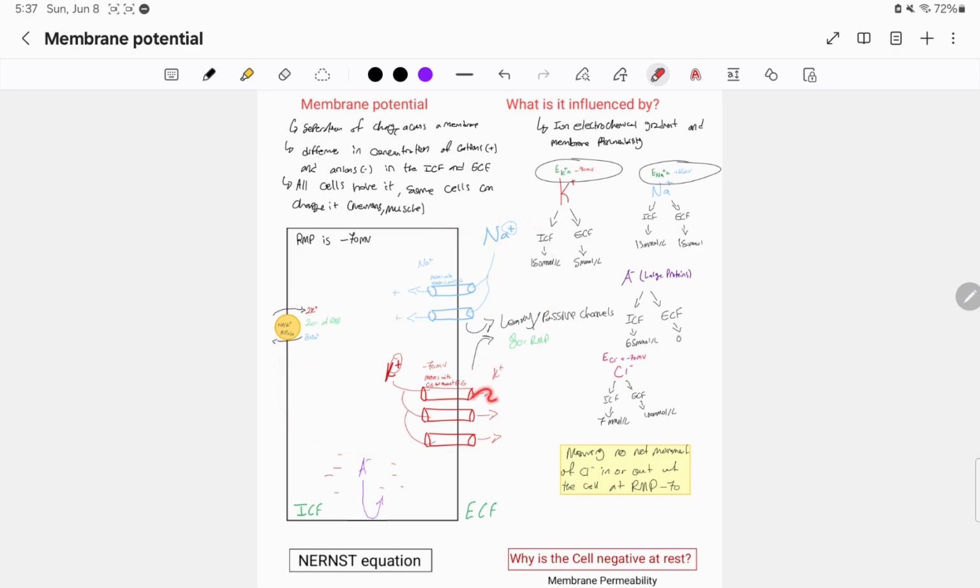In an equilibrium scenario where an ion reaches equilibrium, there is no energy involved. It just counterbalances, right? The electrical gradient counterbalances the concentration gradient. They match together, and thus the ion just stops having a net movement. Okay? That's an important distinction to make, I think.